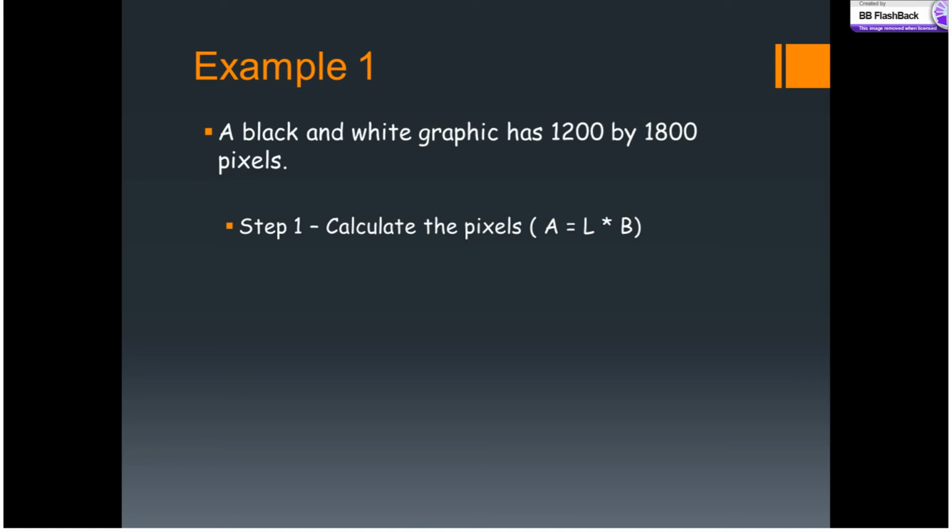Area equals length times breadth. So what I need to do there is multiply my 1200 by my 1800. When I multiply them together, I'm going to get 216,000. So that's the total number of pixels in my graphic.